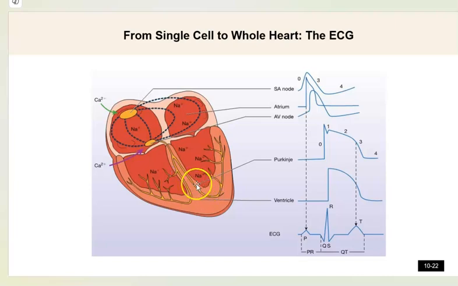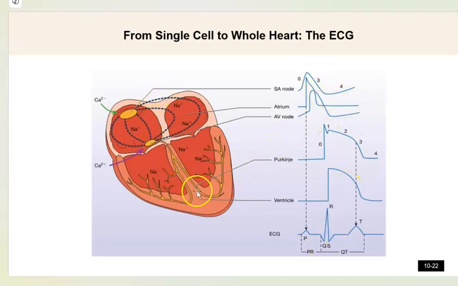So if I've killed off a section of cell here and I've altered the route of the pacemaker cells to be delayed or to have to go in a different direction, that is going to change my reflection of my EKG. Okay, so if I have abnormalities of this physically, I'm going to see it reflected on my EKG.